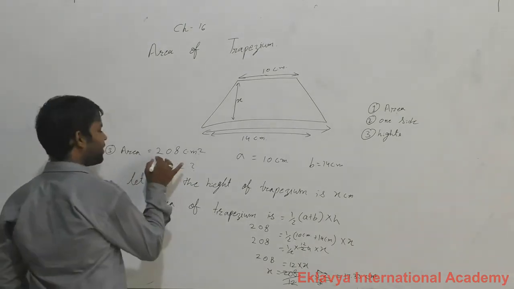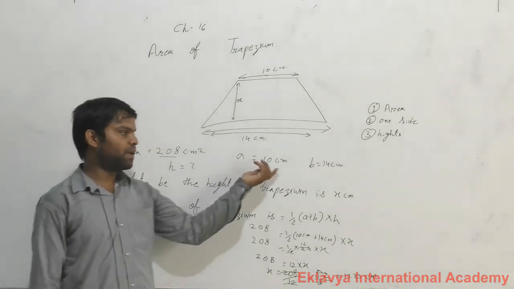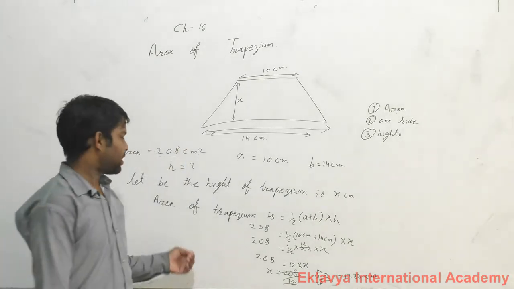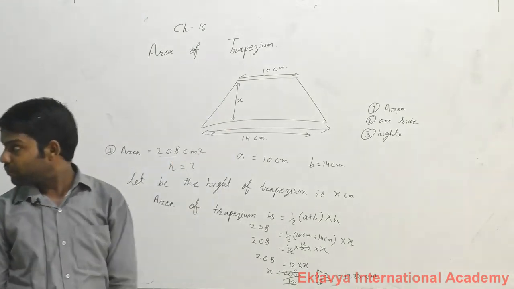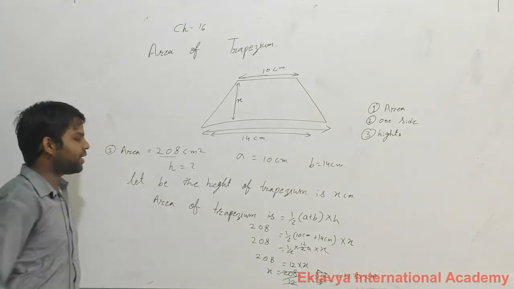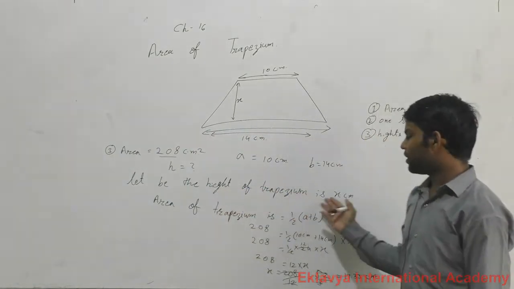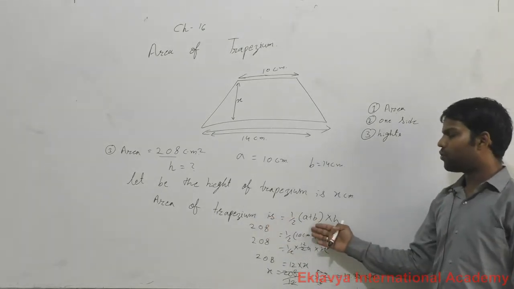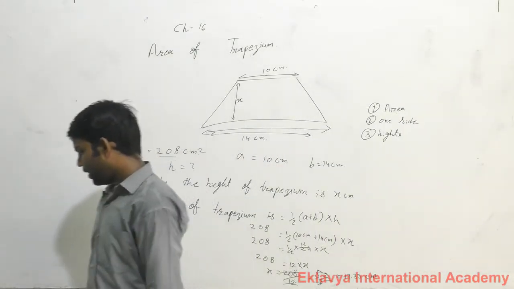area of trapezium is given 208 centimeter square. One parallel side is given 10 centimeter, second is 14 centimeter. If we want to find the height of the trapezium, or distance between two parallel sides, first let the height of the trapezium be x centimeter. Then area of trapezium according to formula is half multiply by sum of parallel sides multiply by height.